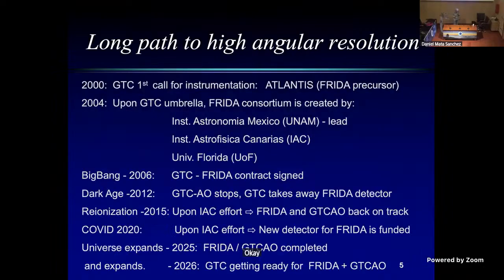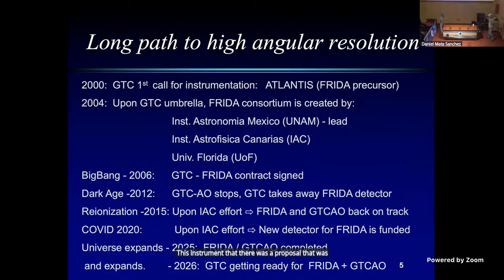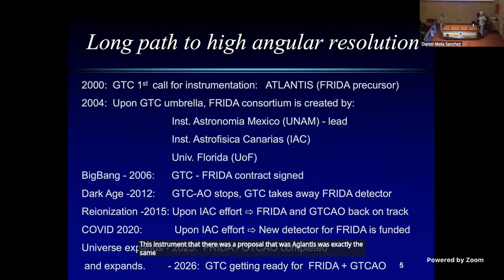Okay, let me go briefly over what it implied to get to the status we have now. We started with the call in 2000 that the GTC made for first light instrumentation, and there we were with a first instrument proposal that was Atlantis. The proposal failed because Atlantis was exactly the same, a camera and integral unit working with adaptive optics.